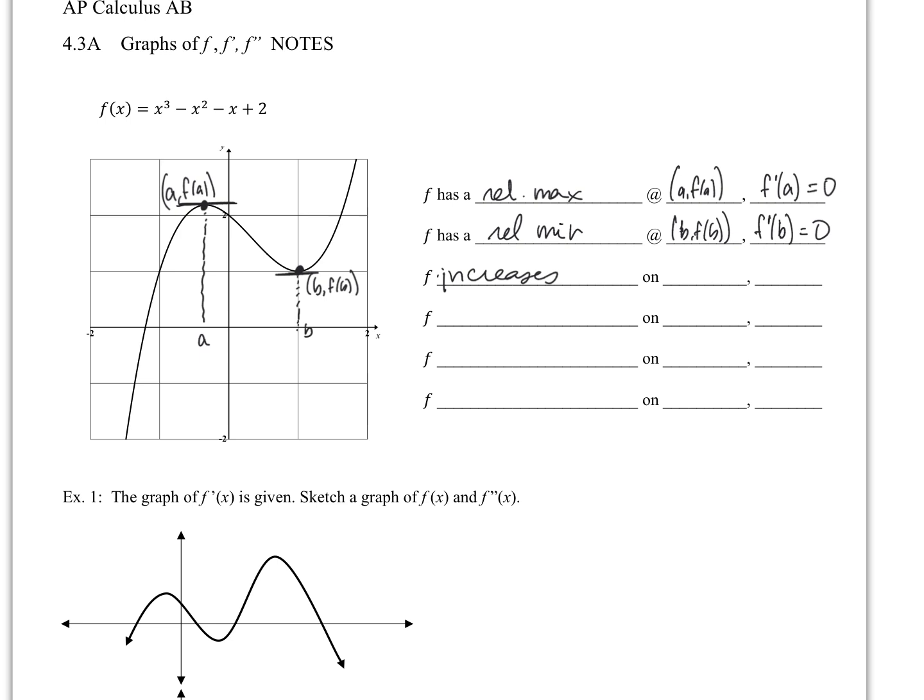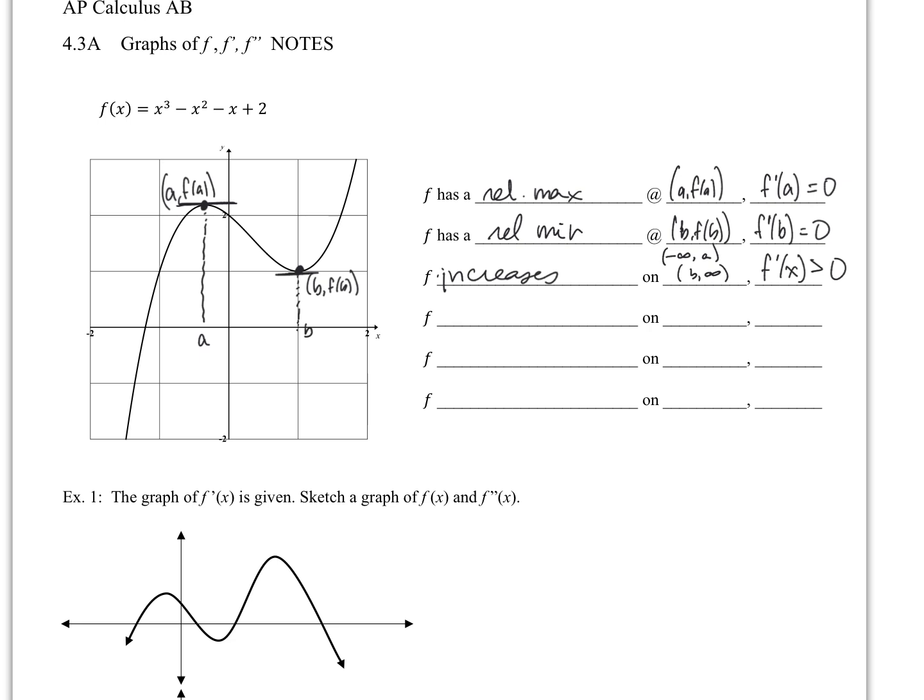This is where you would be hearing tick, tick, tick, tick, tick. And you can see that that happens from negative infinity all the way to a, along with b to infinity. And the reason is because the derivative at all that range of values is positive.